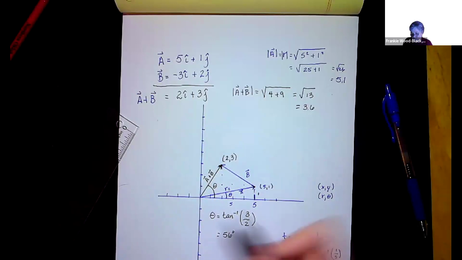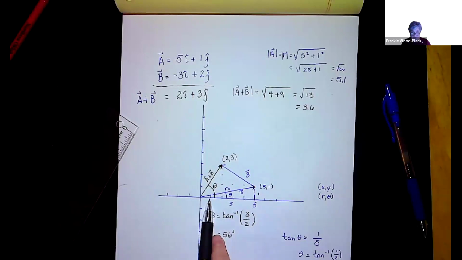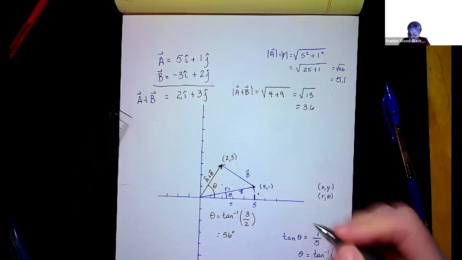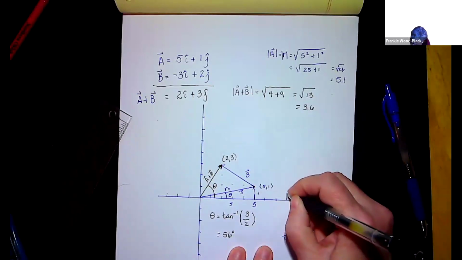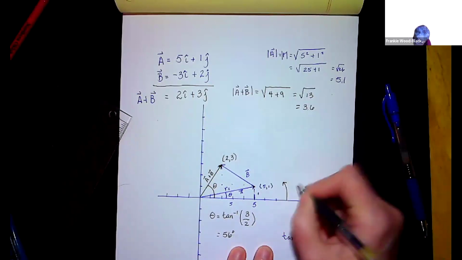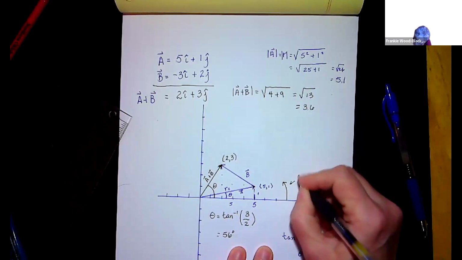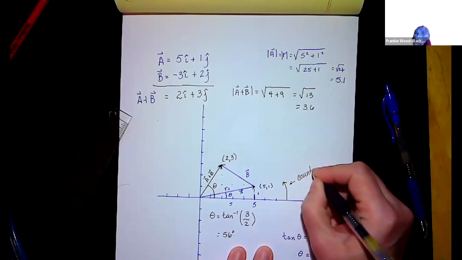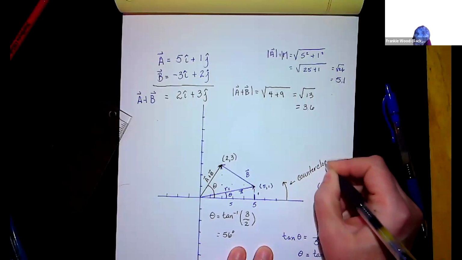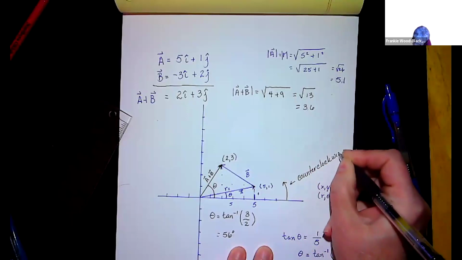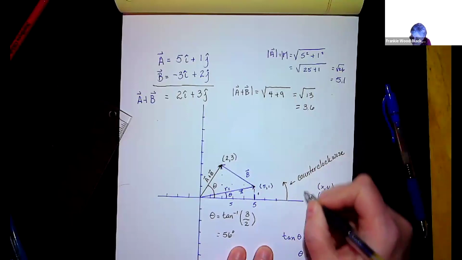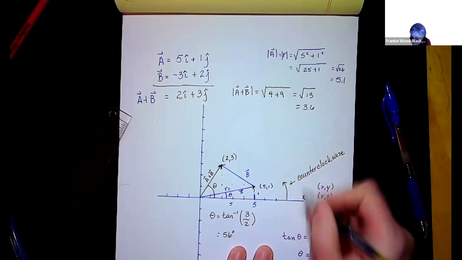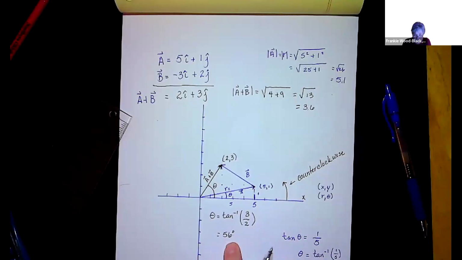And if I've drawn my picture, it looks like 56 degrees. Now, typically, when we're measuring angles, this is going to be counterclockwise from the x-axis. So that 56 degrees is counterclockwise from the x-axis.